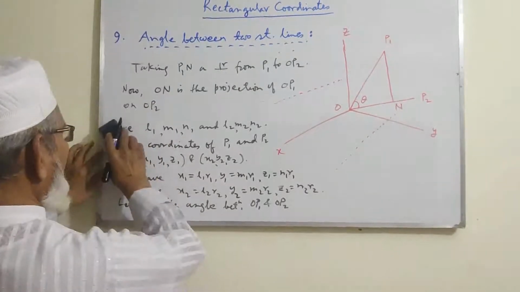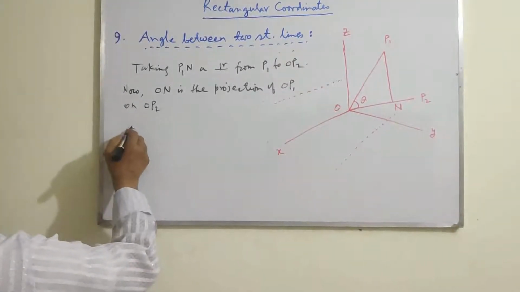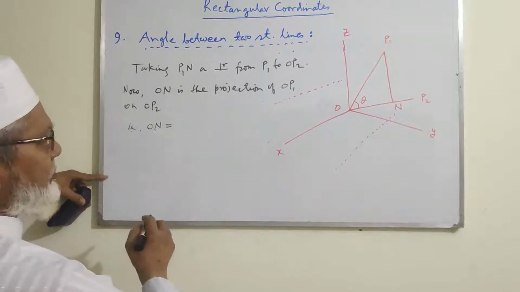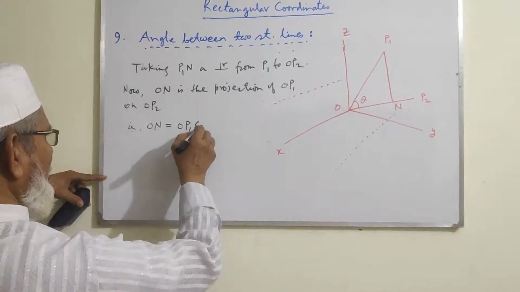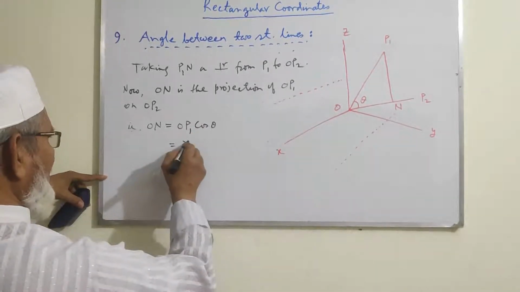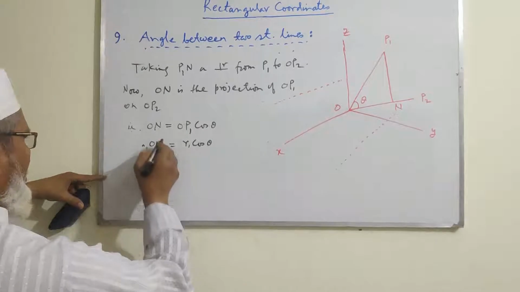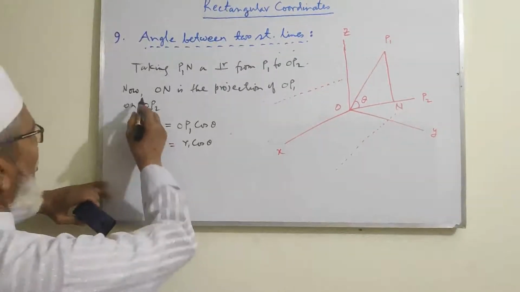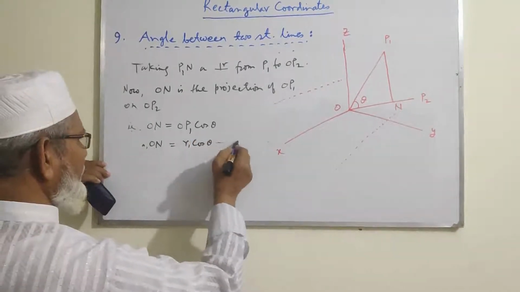That is, ON equal to OP1 cos theta, equal to r1 cos theta. Also, ON is the projection of OP1 on OP2. This is relation 1.